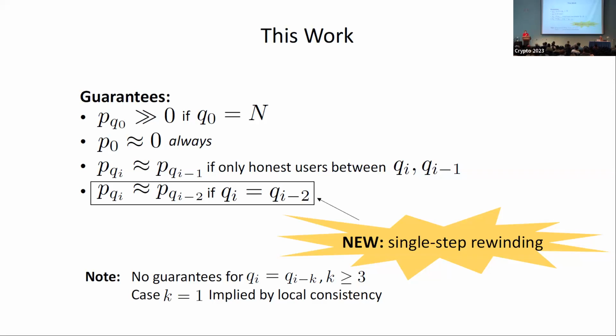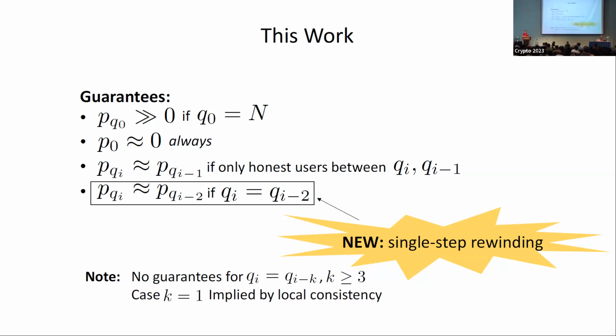And here, what is the guarantee? It says that if I have the same query twice, separated by only at most one query in between, but it's literally the same query, that the success probabilities have to be close. Right? So that's the new guarantee that we give. It's a very mild guarantee, but it's something that was not handled by the prior work.